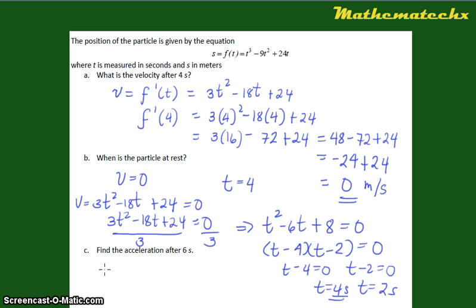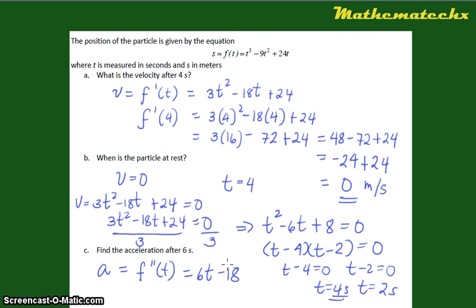If you want to get the acceleration function, all you have to do is get the second derivative, which is the derivative of the velocity. So f double prime of t. From f prime of t, just get the derivative again. So this is 6t minus 18.